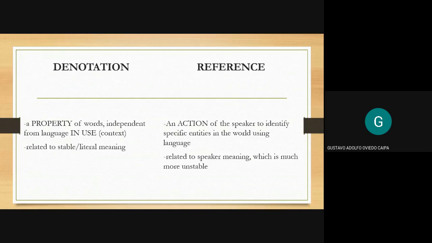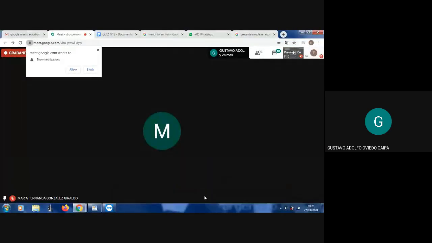On the other hand, we said that reference is an action of the speaker, right? Reference is an action of the speaker, which is different from denotation, which is only a property of words. So since reference is an action of the speaker, it depends on speaker meaning, right? And we say that it is much more unstable because it depends on context.